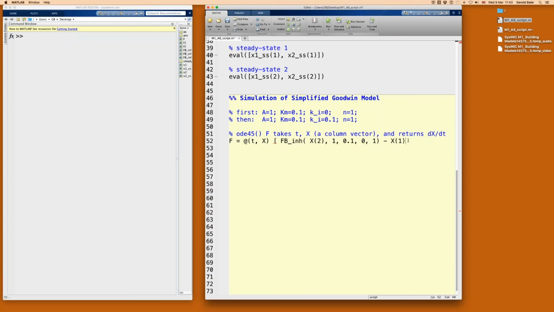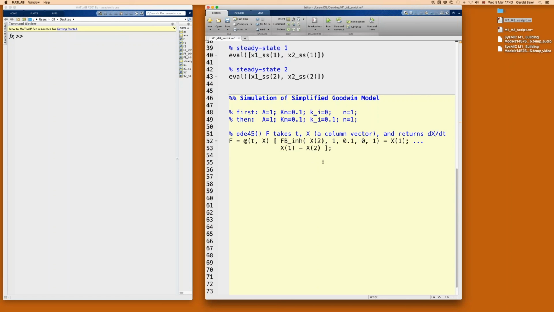And then we need a column vector, so a semicolon. I'm going to make this on a second line just for clarity. We have x1 minus x2 as our second differential equation. So dx2 by dt is equal to x1 minus x2. Right, so yet another implementation of the two rate equations recurring to that feedback inhibition function that we defined above.